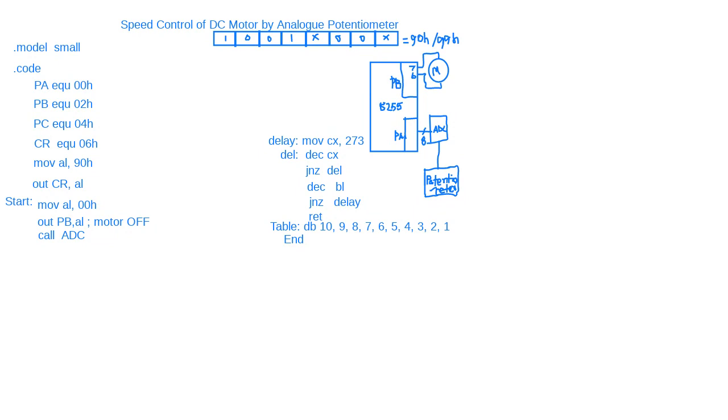What is the ADC subprogram? IN AL, comma, port A, since ADC is connected to port A, right? So this is value 1. We save it: move BL, comma, AL. So that means value 1 is saved in BL register. All right. And then we read again.